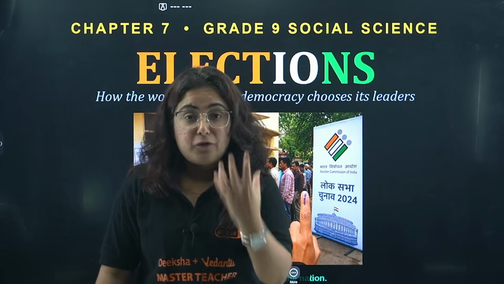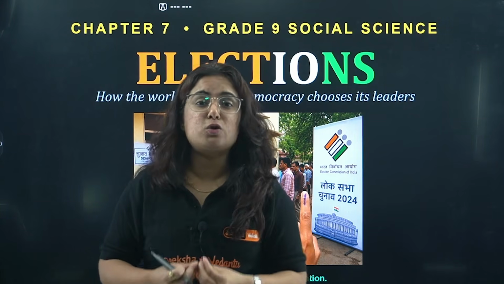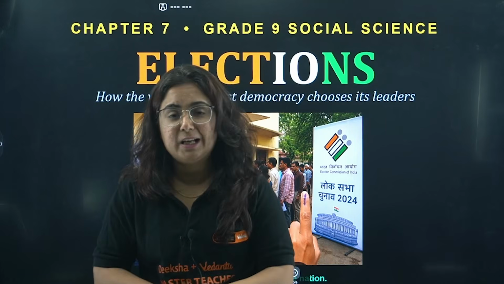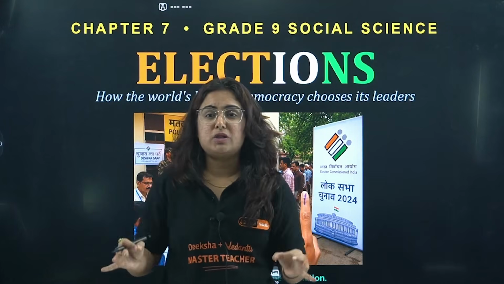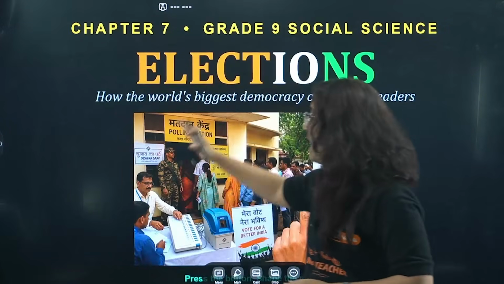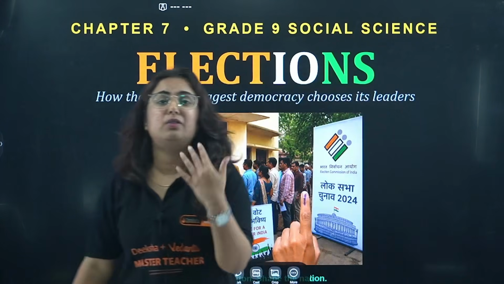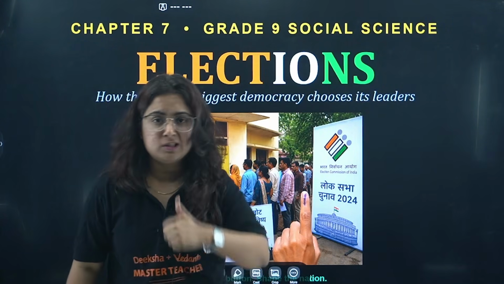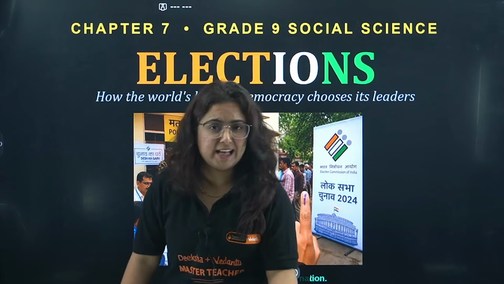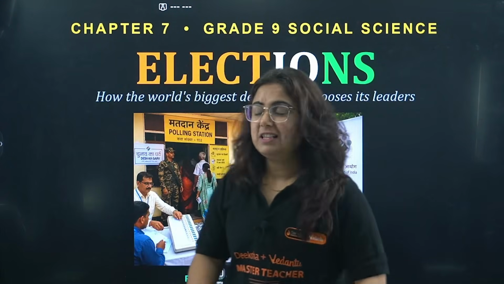Elections. Because the way we are choosing our leader is quite important in the democratic setup, and this is what the chapter is all about: how the world's biggest democracy chooses its leader, and we are the world's biggest democracy in terms of population, in terms of area, etc. Okay, so let's start the chapter.